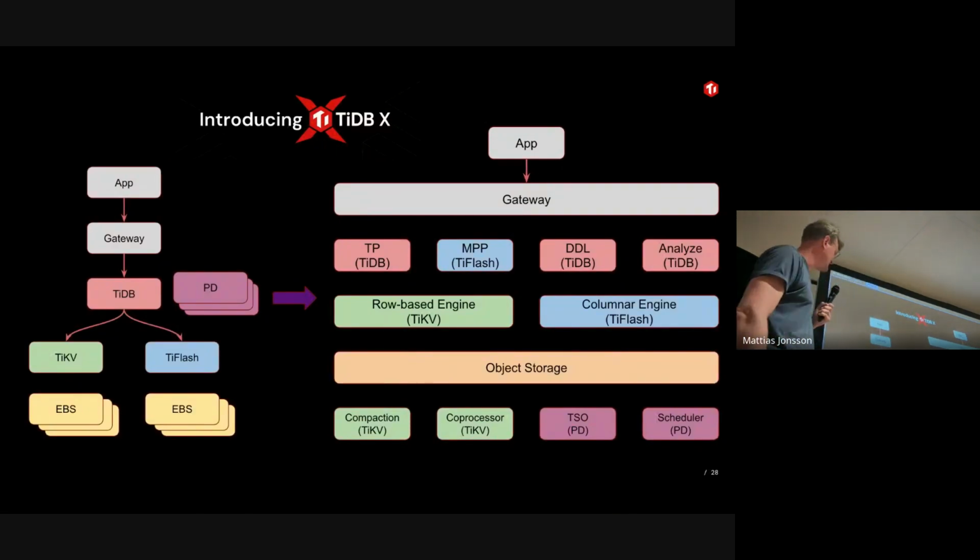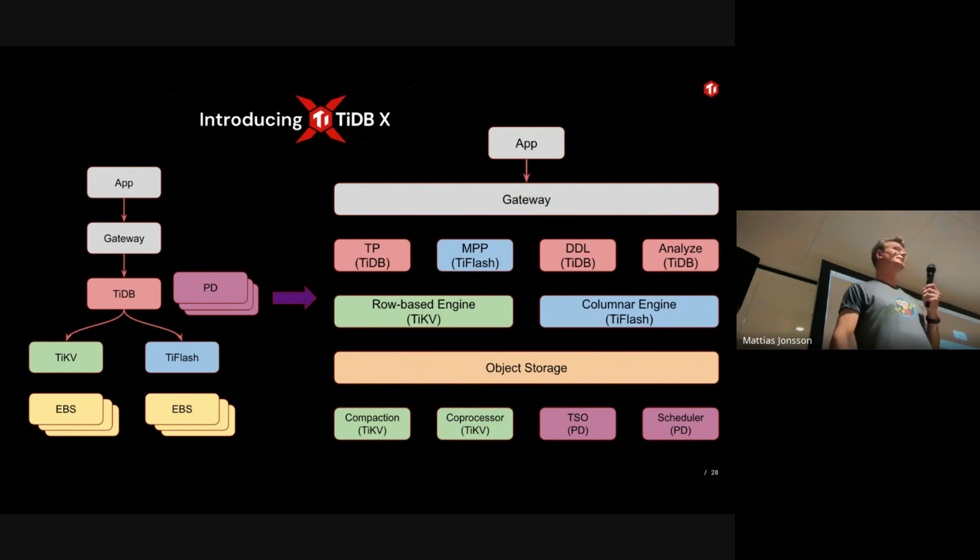If we look at it from another perspective, where you would have TiDB nodes, TiKV nodes, possibly TiFlash nodes, and here we would use block storage, it goes more like a microservice architecture where we have the object store as the main storage, and you can move out compaction, DDLs, analyze, and so on.